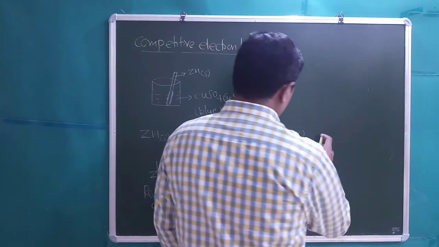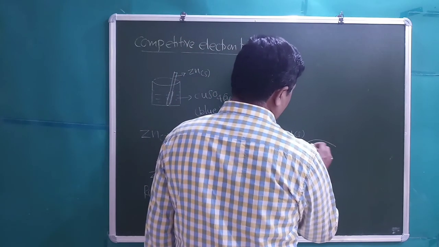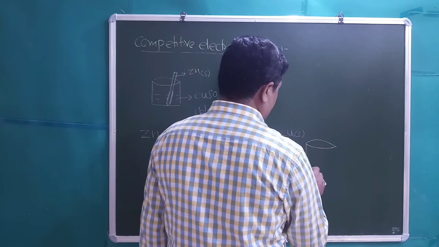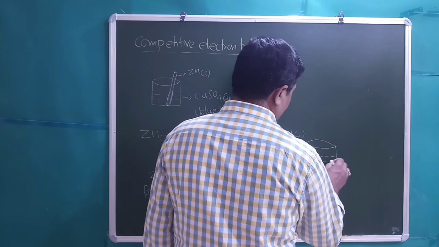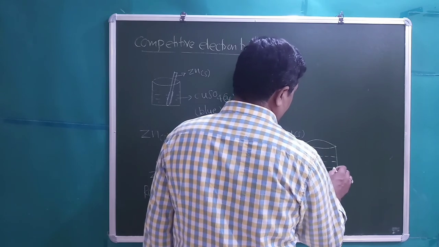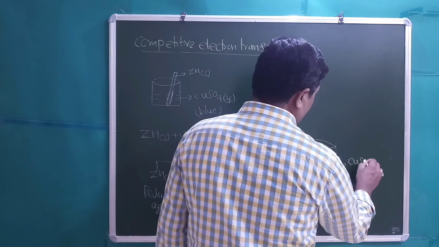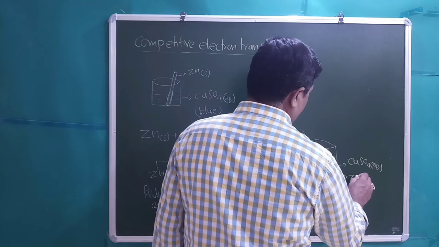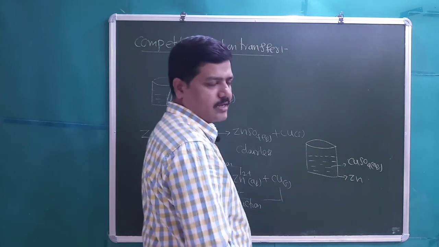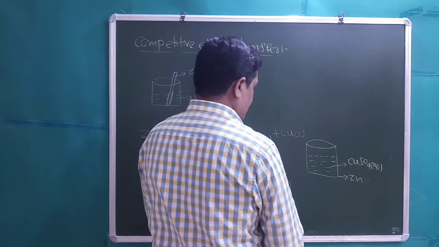For example, if you want to store copper sulfate solution, CuSO4 aqueous, in a zinc container, it cannot be stored because zinc can displace the copper from the copper sulfate solution.